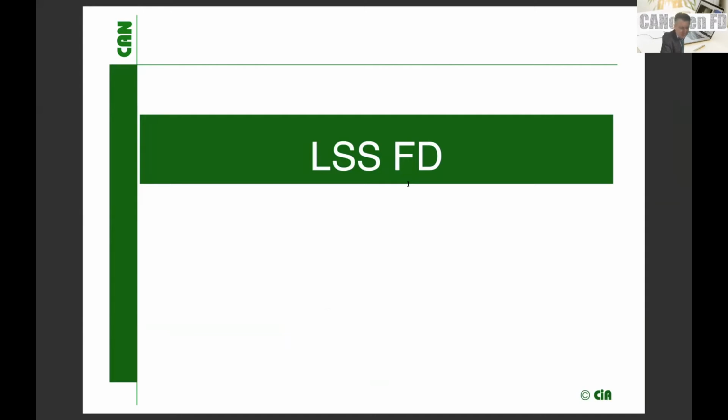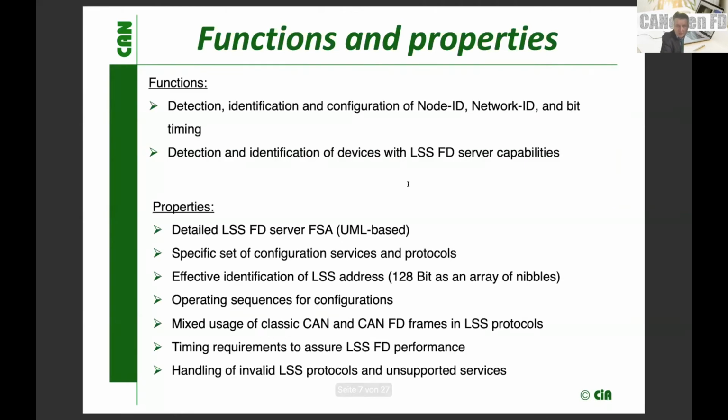So with LSS FD, you're starting actually the whole new thing for configuration of your devices and preparing them for integration into a system. It could be completely new devices, or an already existing system you just want to reconfigure.